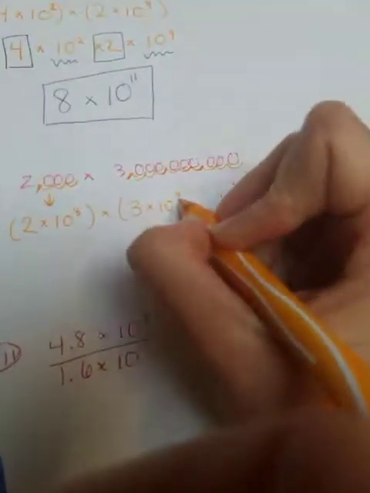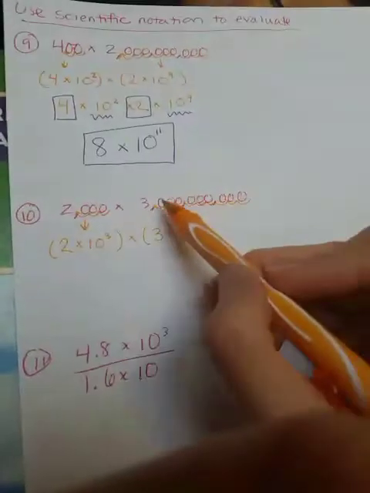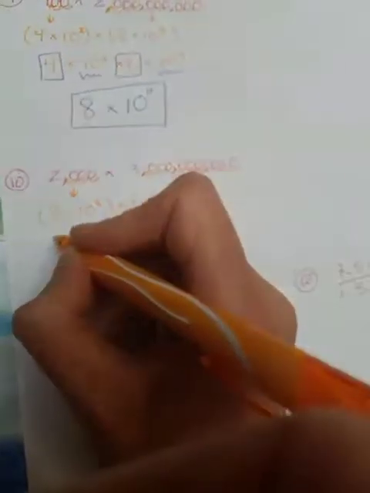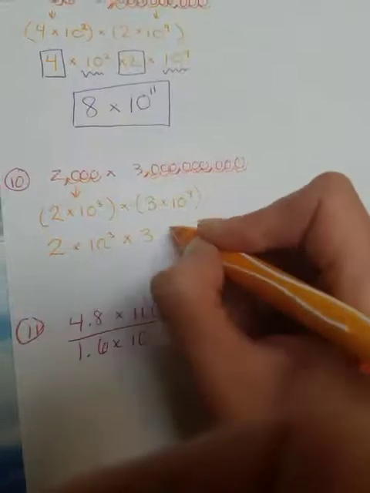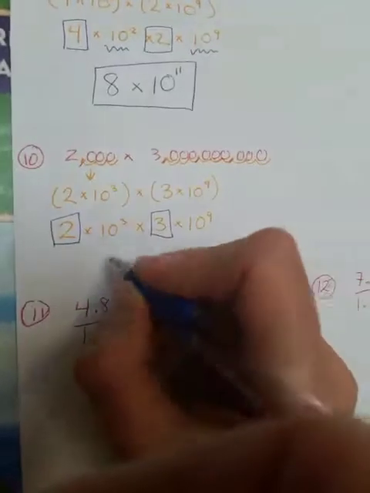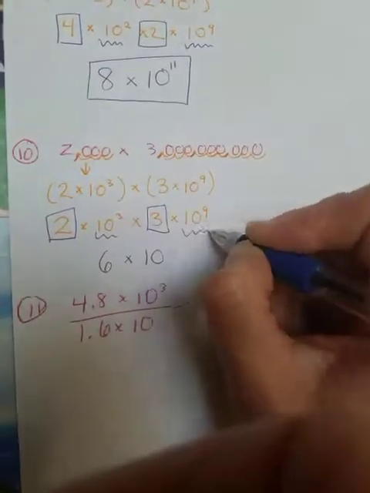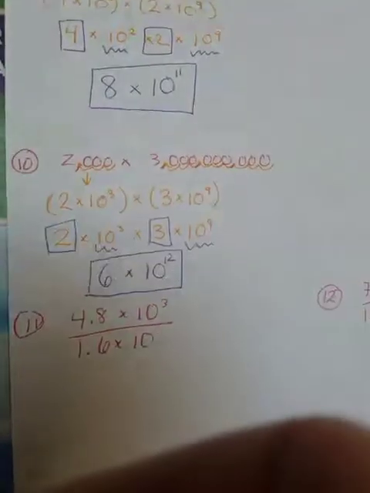Again, it's going to be a positive power of 9 because 3 billion is bigger than 1. So again, this is 2 times 10 cubed times 3 times 10 to the 9th. I multiply the ones that I can. 2 times 3 is 6. And now I multiply my like bases. 10 cubed times 10 to the 9th. I add 3 plus 9 to get 12. And you want to leave it in scientific notation.